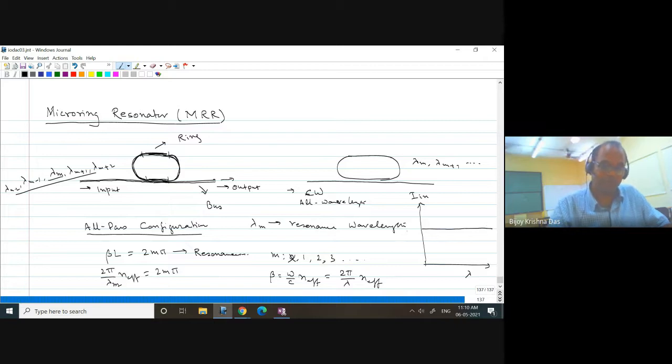Then you can consider that is some 1 watt or something like that you are launching. But at the output here, you see that this particular resonance wavelength will be missing. So in the transmission, you will see that something will be missing.